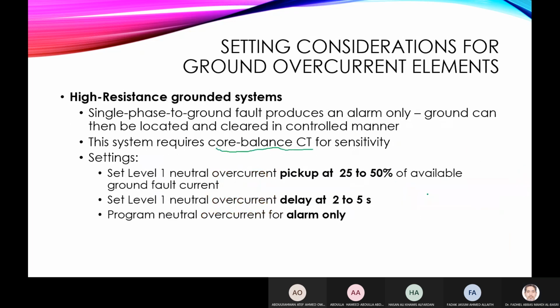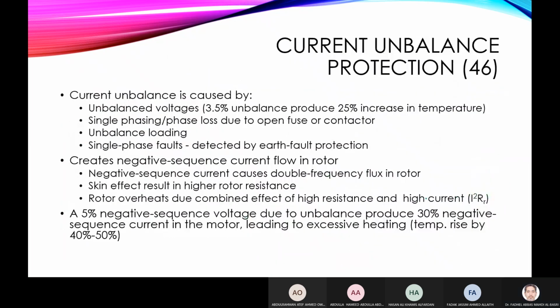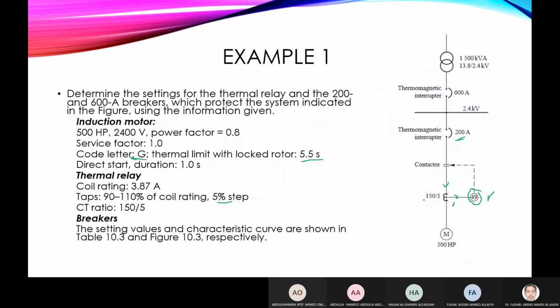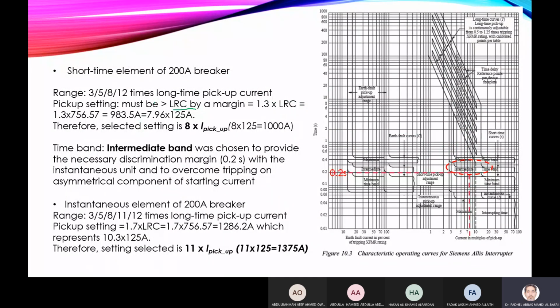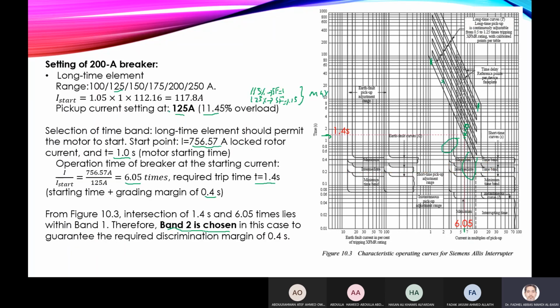So this has to be greater than the locked rotor current by a margin. I choose 1.3, so 1.3 times the starting current, and that represents 7.9 times the rated current, because all the settings here are with respect to the pickup of the long time element.